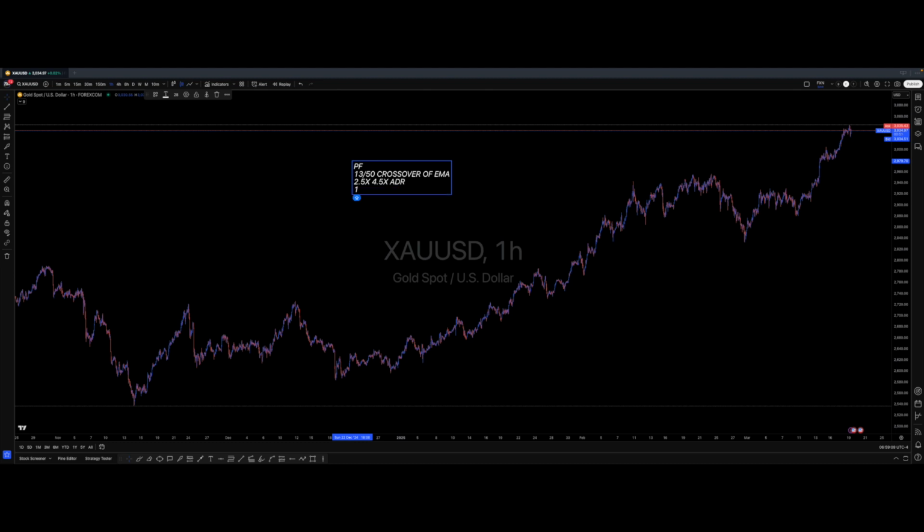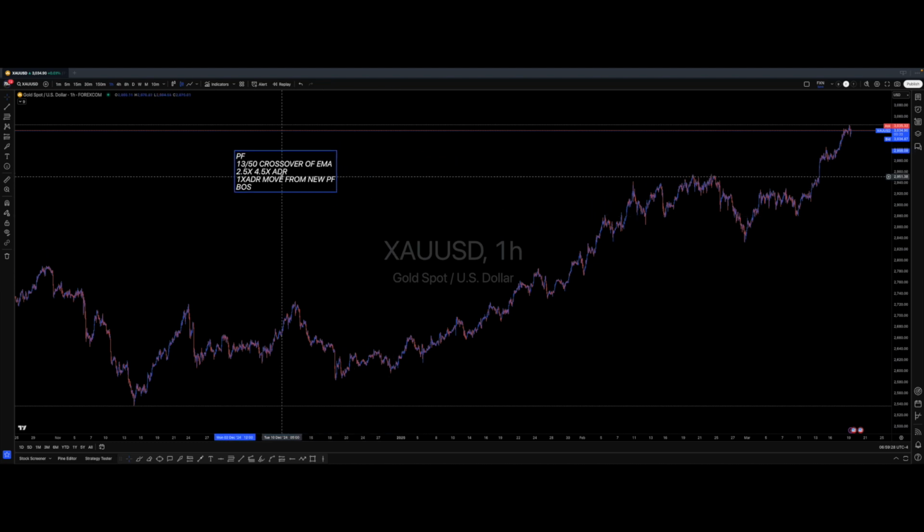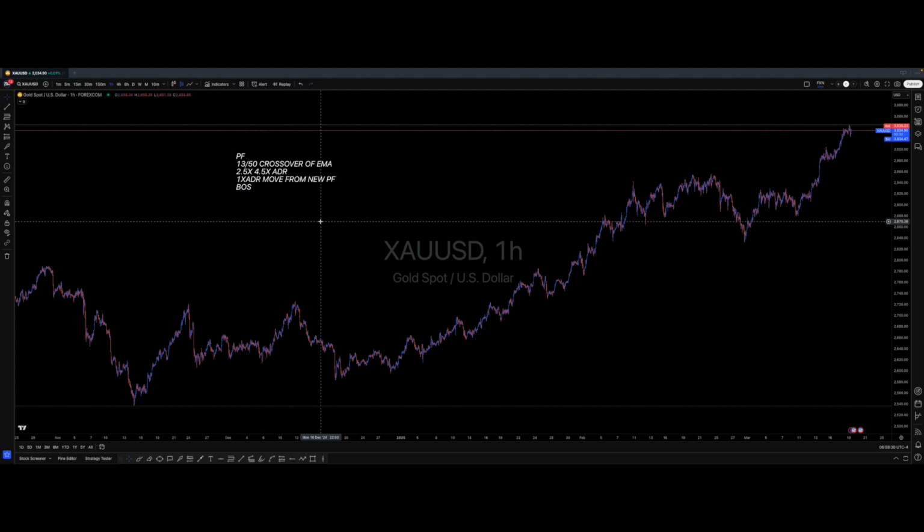We need a one-time ADR move from the new peak formation, right? And then we need a break of structure. That's it. Those are the things that we need for a peak formation to be good.